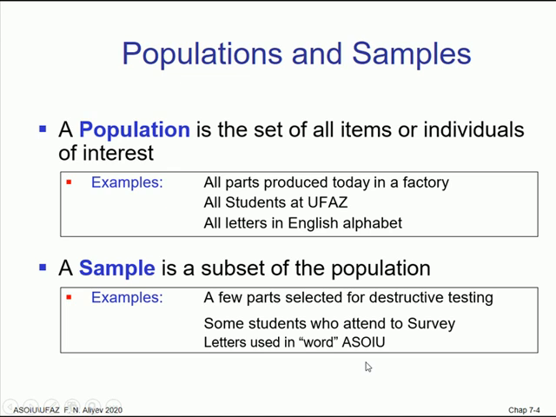Population and sample: the selection of population and sample depends on your research topic and how you want to analyze it. Okay, that's why it can be different.